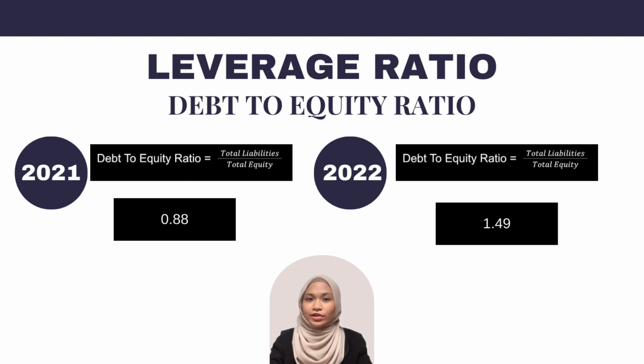Nestlé's ideal DE ratio is between 1 and 1.5, indicating it can grow and generate income and help investors identify influential companies with potential risk during business downturns. This has proven that Nestlé has an ideal value of DE ratio in both 2021 and 2022, since it is in between the ideal value.